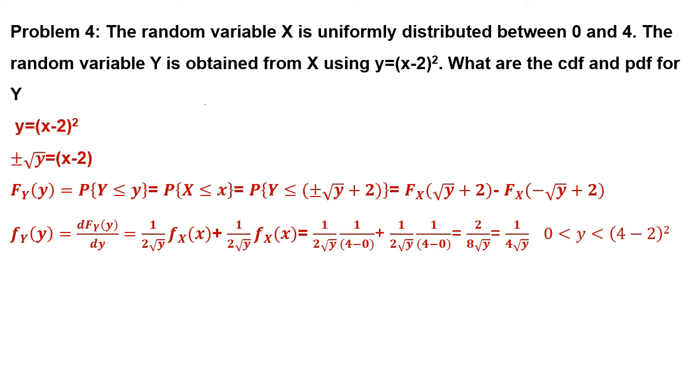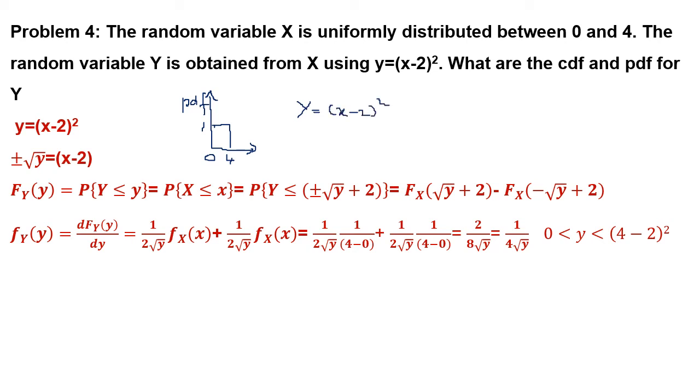Here we know that x is uniformly distributed and the distribution is shown here. It varies from 0 to 4. Its value is 1. This is the PDF for x. Now y and x are related by the equation y is equal to x minus 2 whole square.